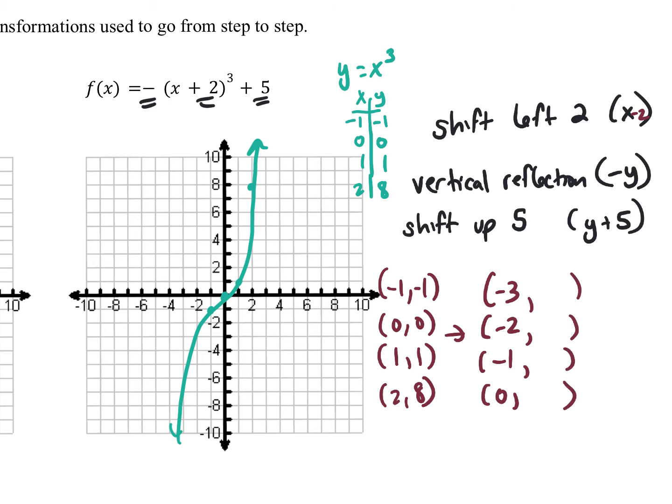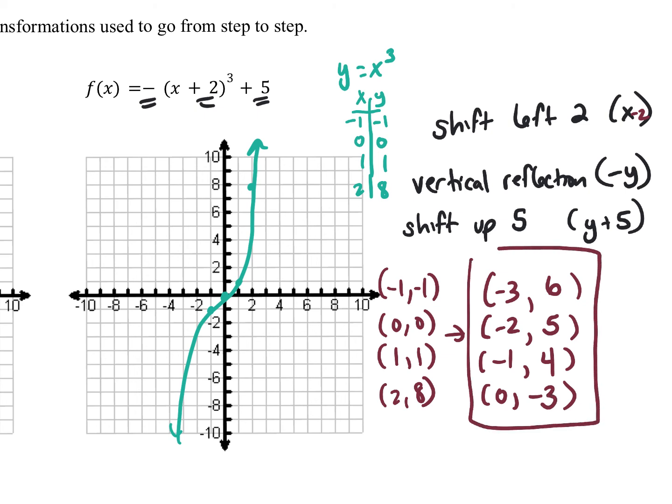And for the y's, I'm going to turn them negative and then add 5. So negative, negative 1 is 1. 1 plus 5 is 6. 0 becoming negative is still 0. 0 plus 5 is 5. Negative 1 turning negative is negative 1. Negative 1 plus 5 is 4. And then 8 turning negative plus 5 is negative 3.